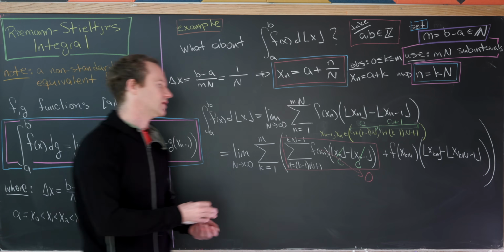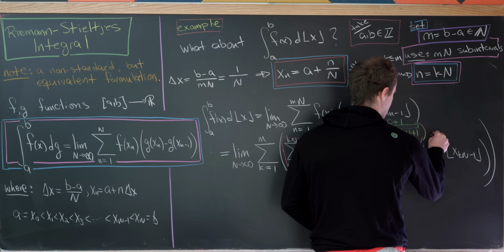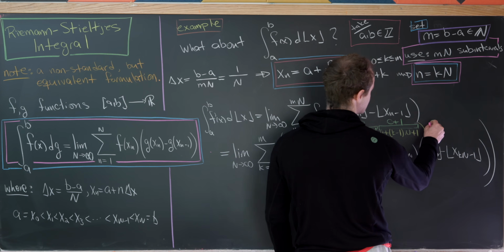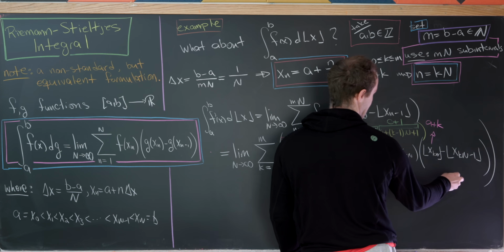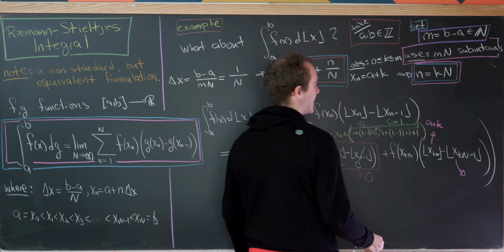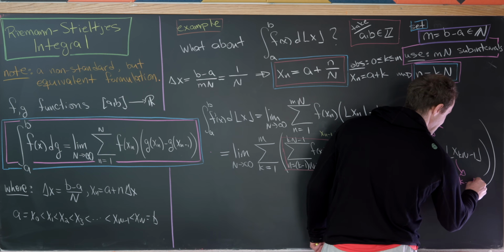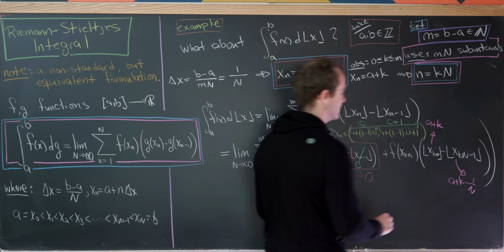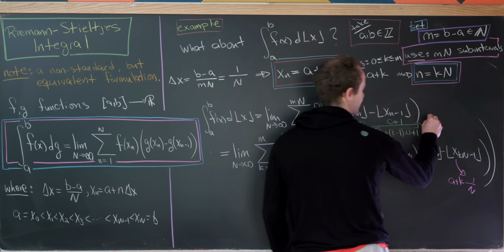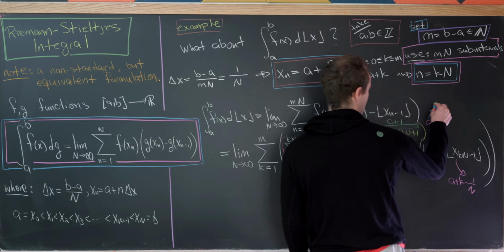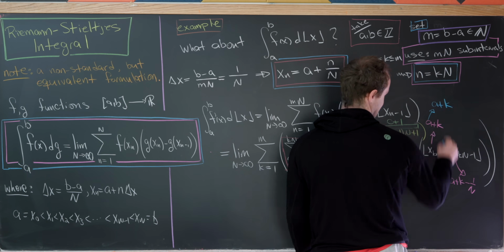So let's also note that by our construction, this x_{kN} is equal to a plus k, whereas this x_{kN minus 1} is a plus k minus 1 over capital N. But then let's notice that if we floor this one, so let's say this blue arrow is taking the floor, we simply get a plus k.